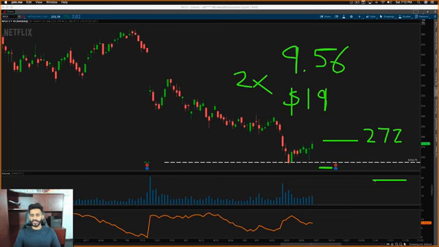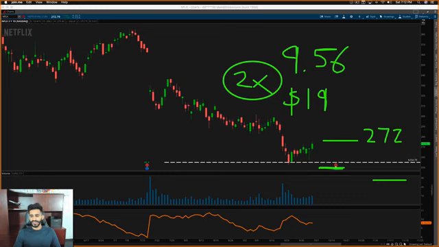Me personally, instead of putting it at 2x, and I'll break this down more when we get to the stop loss section, I'd rather keep my stop loss a little bit below 254 just to give myself some room. Putting it $19 or $20 below could be extremely far off depending on the play.